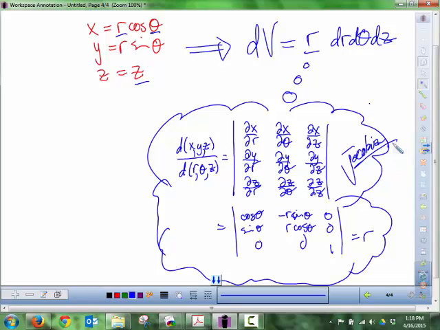So that means if we redo that same problem that we were looking at, we could have gone directly into polar coordinates.